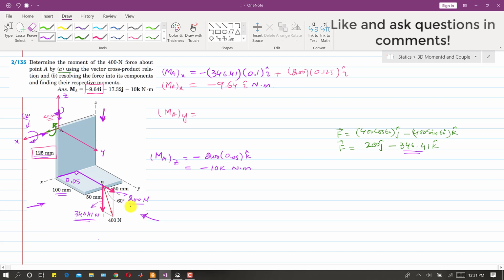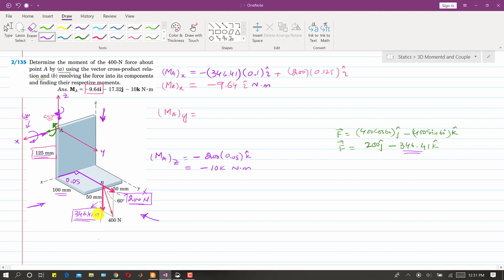If we look into these two components from this direction, this 200 Newton force is parallel to the y-axis, so it will never produce the moment about the y-axis. So only this component is producing the moment about the y-axis, and the perpendicular distance of this 346.41 Newton component from this point A, or from this y-axis, is this much again. If we look in this direction, this component will produce the moment about the y-axis like this.